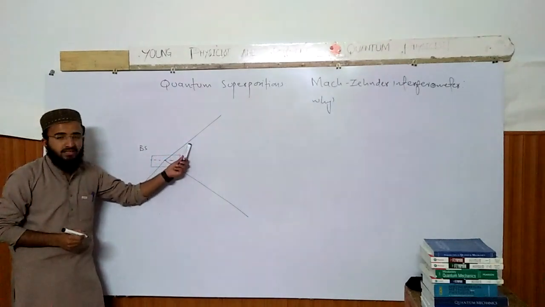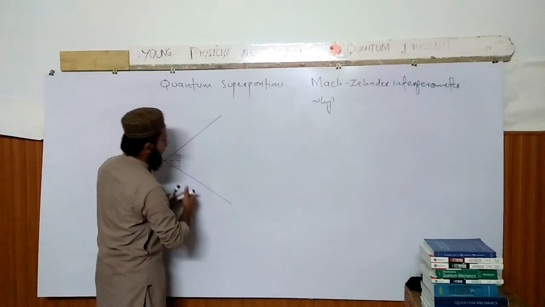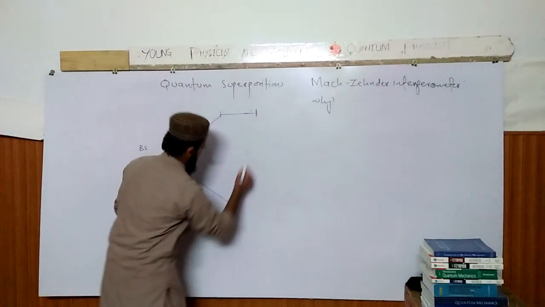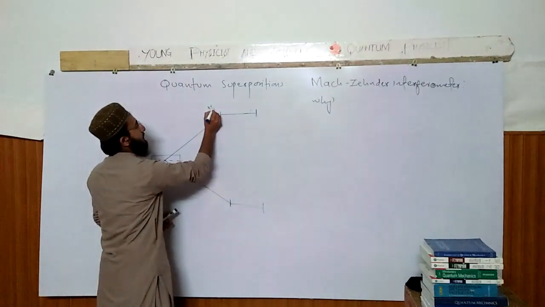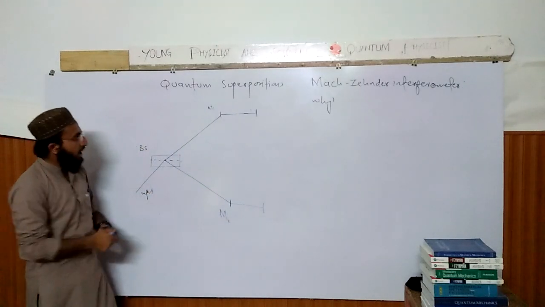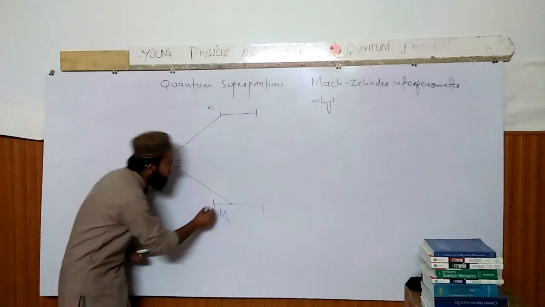This is called the transmitted beam and this is called the reflected beam. Here we have the mirrors. This mirror is called M1 and this lower mirror is called M2. I should draw it clearly.